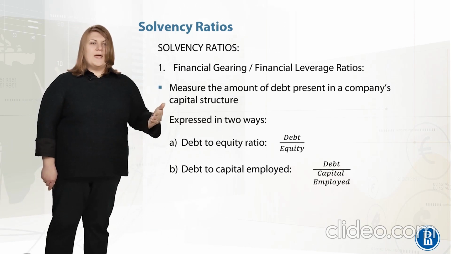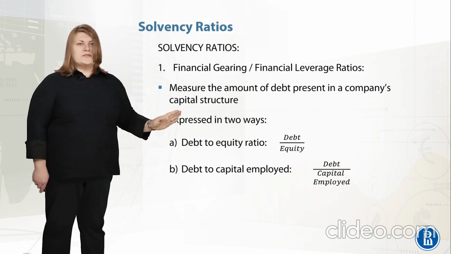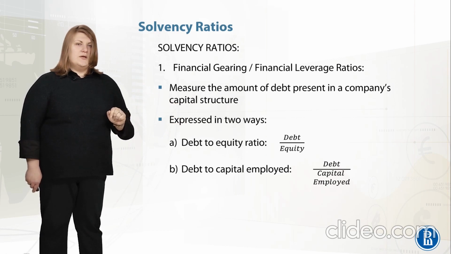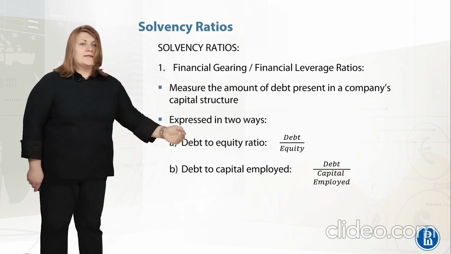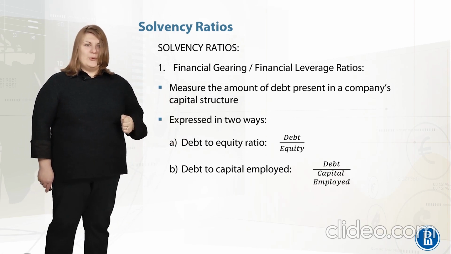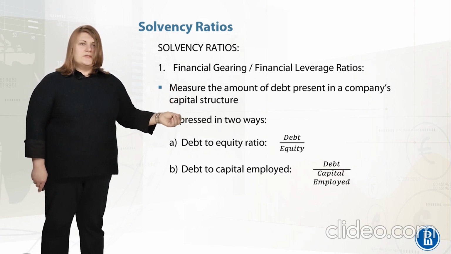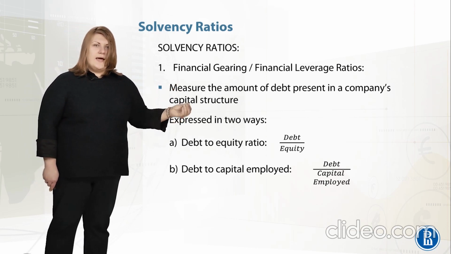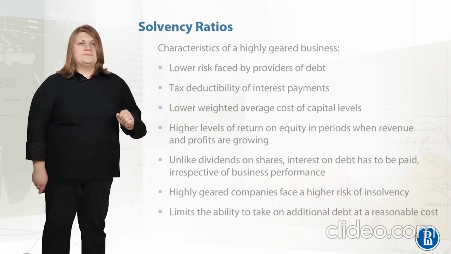This ratio may be expressed in two main ways. First, debt-to-equity ratio, which is debt over equity, and debt-to-capital employed, debt over capital employed. As you may understand, all these numbers can be easily obtained from the balance sheet and income statement.